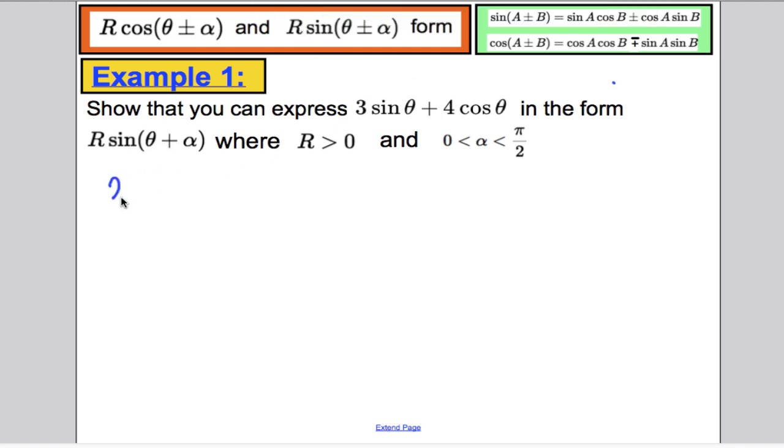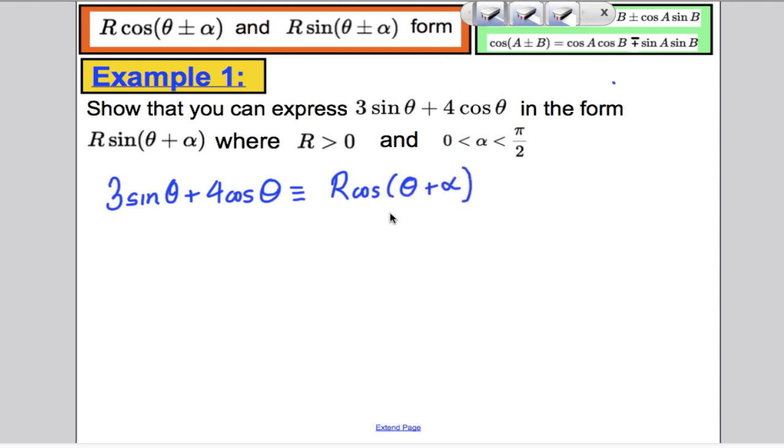We are told that 3 sin theta plus 4 cos theta can be written, or is equivalent to, or is identical to r cos(theta plus alpha). Oh, sorry, r sine even.